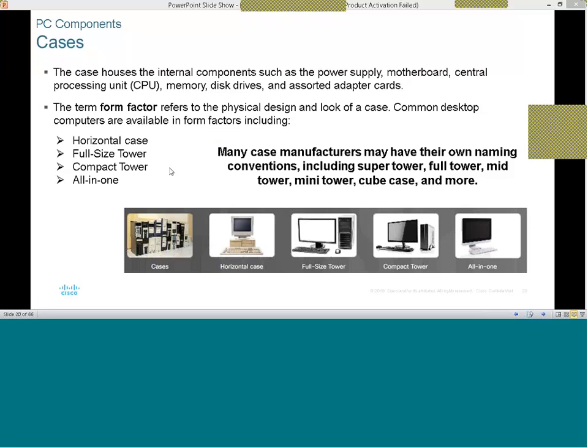I can ask you what form factor your computer case is, and you can explain: I'm using the horizontal case type, or I'm using the full size tower type. Because they come in different shapes and sizes, the right word to use to describe them is form factor.